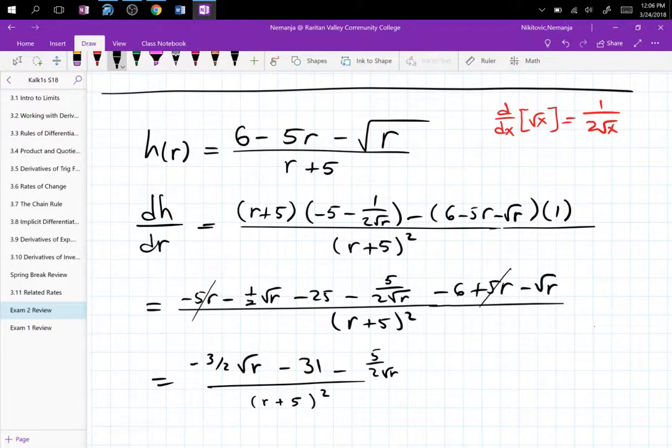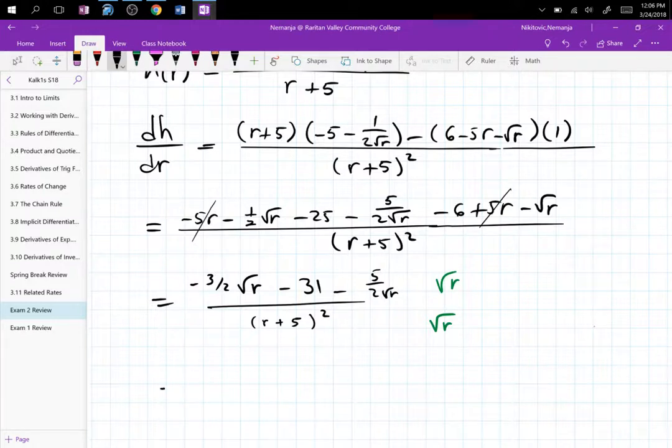So what I'm going to do is multiply by root R, numerator and denominator, and when I multiply it through, root R times root R is just R, so negative 3/2. I'm also going to multiply by 2, so I don't have any fractions.